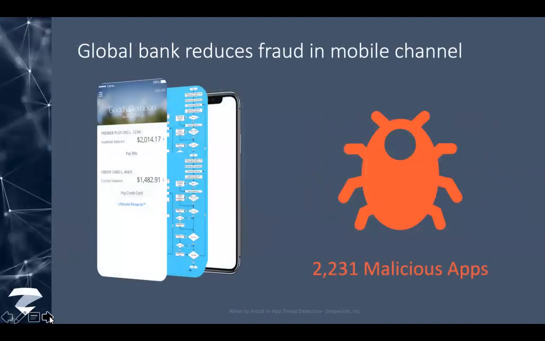So at Global Bank, when they took a look at malware in their channel, they identified 2,200 malicious apps almost immediately. So once they updated their consumer app, the in-app threat detection said, hey, these 2,200 malicious apps on tens of thousands of devices, this is all malware.